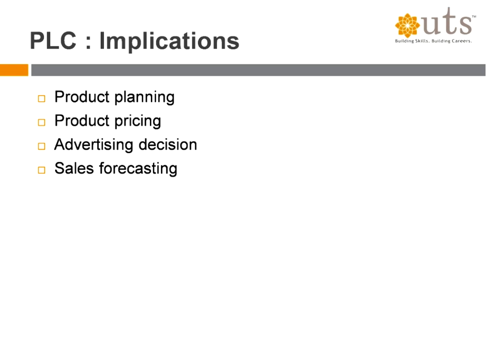Sales forecasting is an estimate which we calculate about the sales. That we say that n units of the product will be sold in this decade, or X amount of product will be sold in the next decade. So that kind of sales forecasting can also be done keeping PLC in mind.